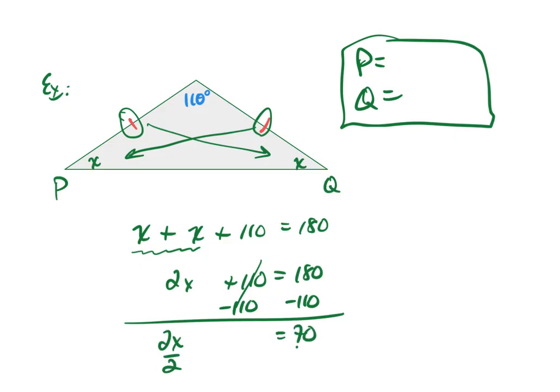And get rid of times 2 by division. So the value for x is going to be 70 divided by 2, which is 35. And x belongs to both P and Q. So both of those angles then are 35 degrees. Okay? And one final numerical problem with isosceles triangles.